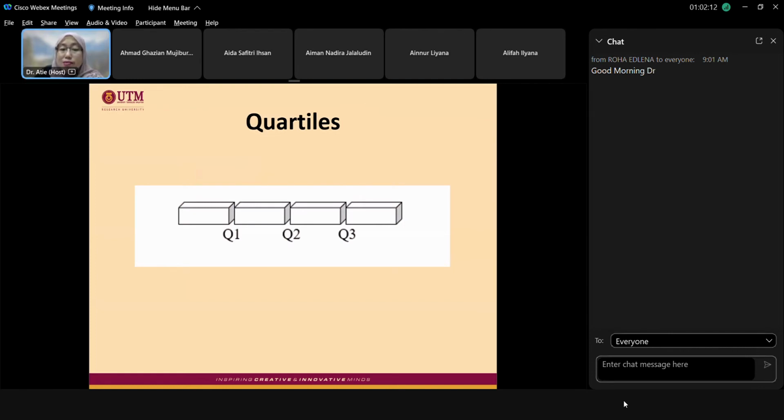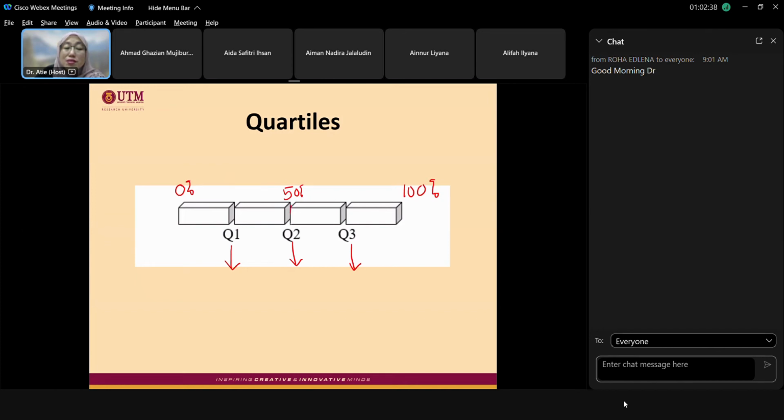And then the next one, quartiles, comes from the word quarter, when you divide something into 4 parts. So then we have quartile 1, quartile 2, and also quartile 3. From 0% until the end, we have 100%, so the center will be 50%.